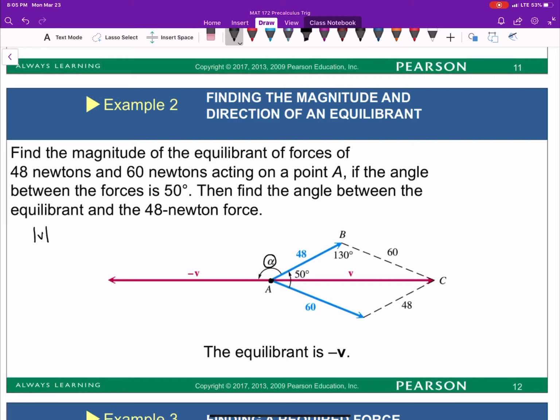So we have the magnitude of V squared is equal to 48 squared plus 60 squared minus 2 times 48 times 60 times the cosine of 130.